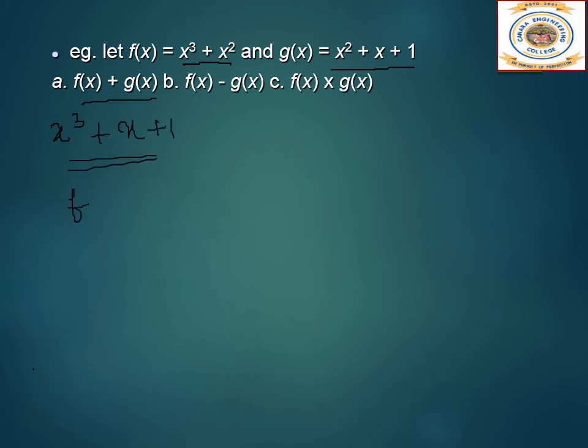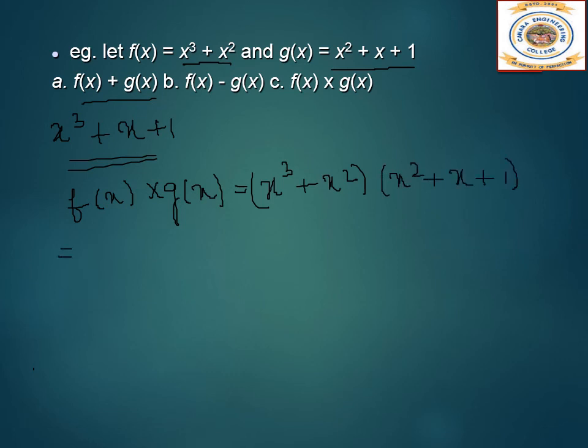Now let us do the multiplication process. So I have x cube plus x square into x square plus x plus 1. I have to multiply each and every element. X cube into x square is x to the power 5, plus x to the power 4, plus x cube, plus x to the power 4, plus x cube, plus x square. So what do I get here?